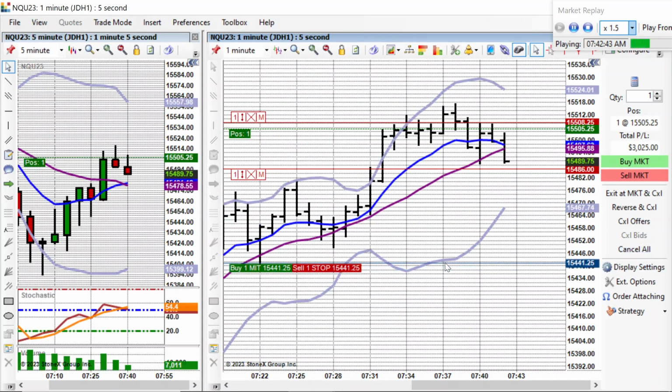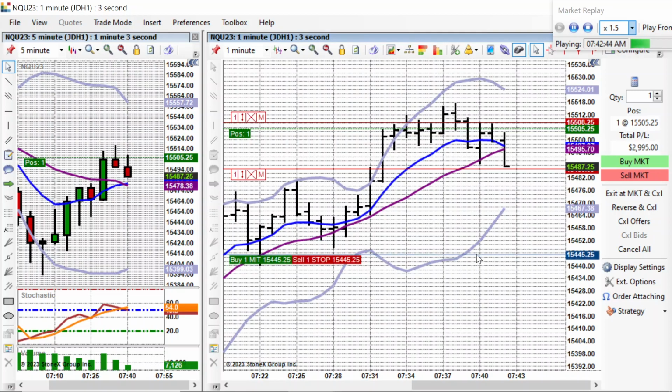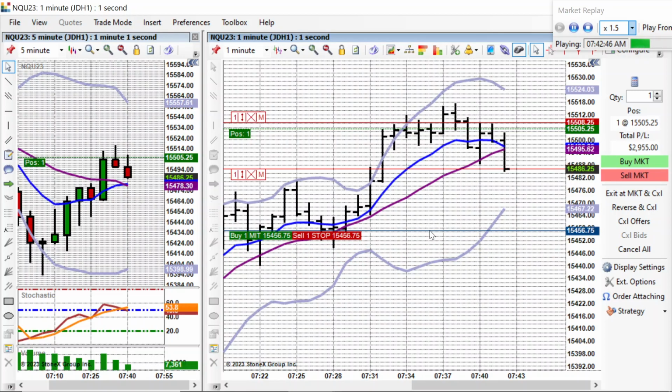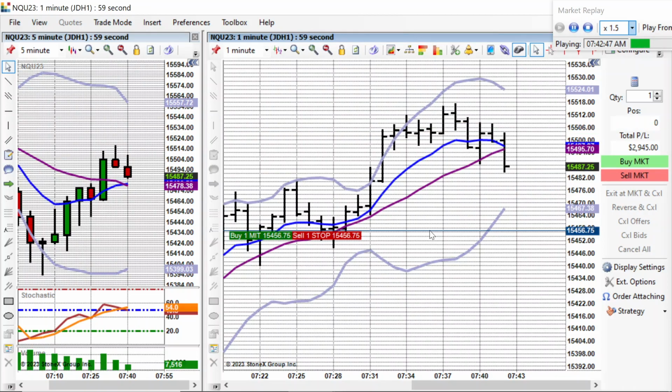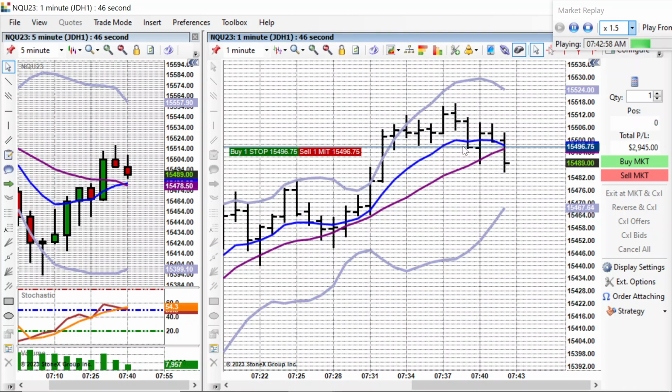Yeah, it's going to get hit. Now that was agonizing. I'm showing how to lose. Don't take notes on this part.